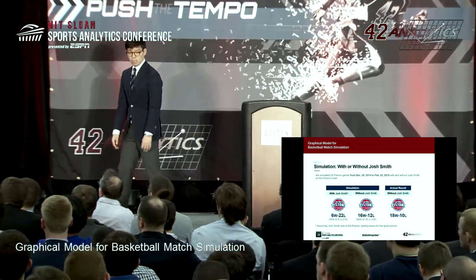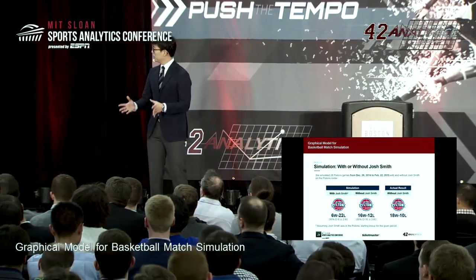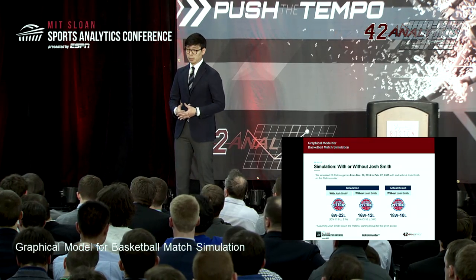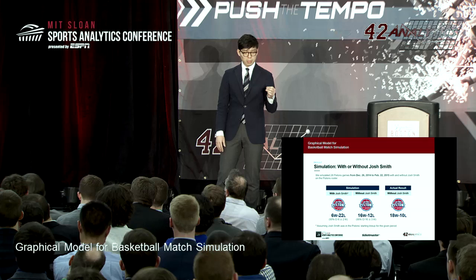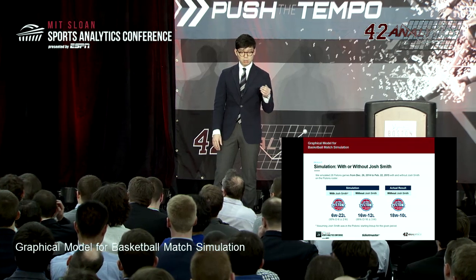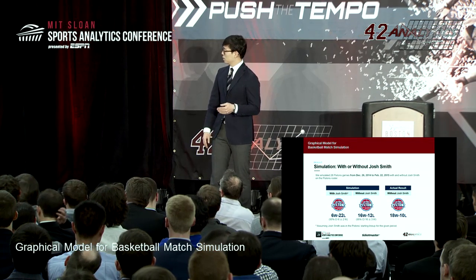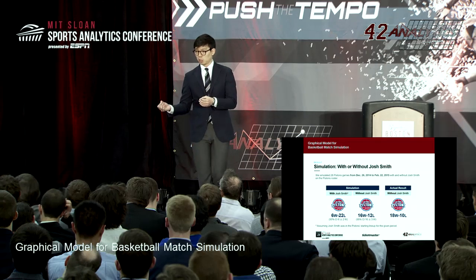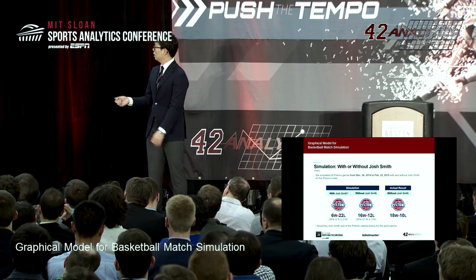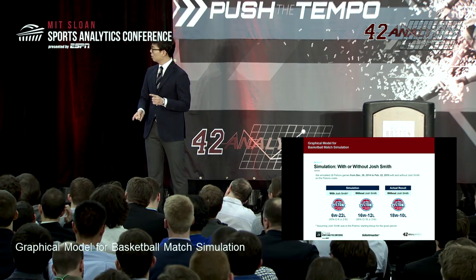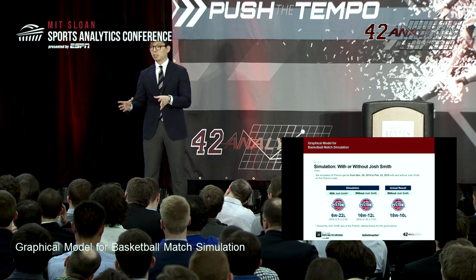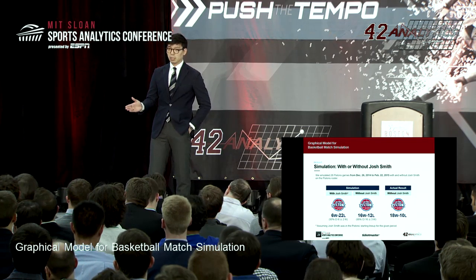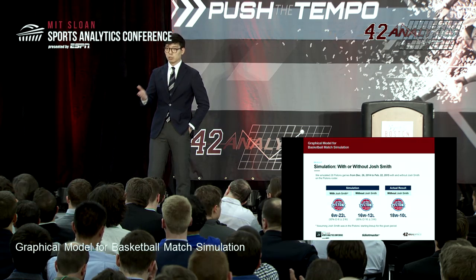So we ran some experiments with and without Josh Smith. For the games from December 26th to February 22nd, the period after Josh Smith's waiver, we simulated. The first simulation was with Josh Smith, basically assuming that Smith was on the Pistons roster and was not waived.